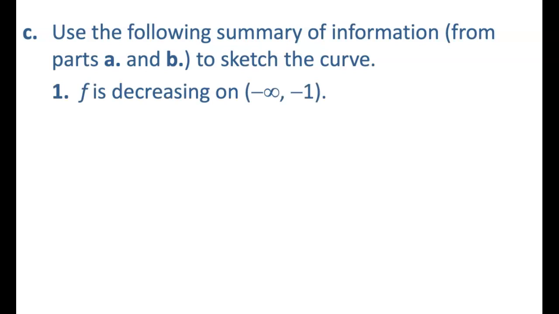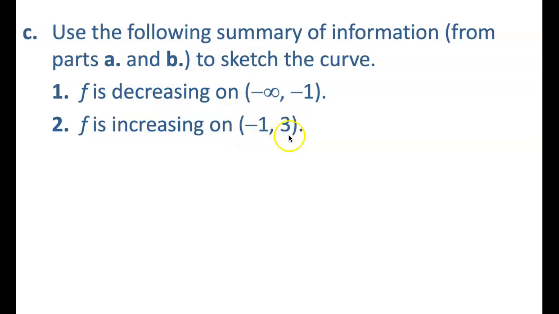All right, so we can sketch the curve. f is decreasing on negative infinity to negative 1. Notice that is interval notation. In case you've forgotten, you'll be using it a lot in this homework. f is increasing on the interval from x equals negative 1 to x equals 3. Actually, it's not from x equals negative 1, but just past negative 1, and just right before we get to 3.